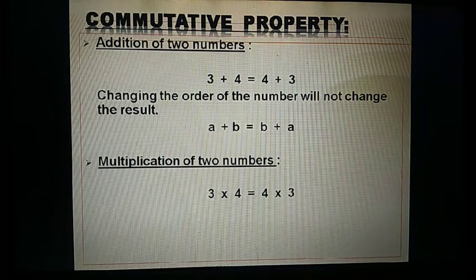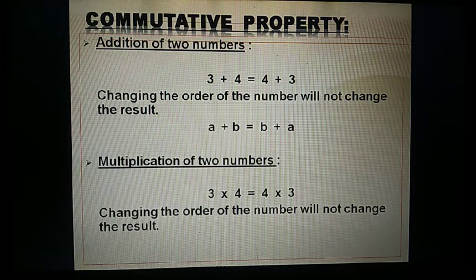In both cases, you will get the same answer. Again, changing the order of the numbers will not change the result. Expressing the same using variables in a general way, here again we will use two variables as there are two values. Let them be A and B. You will write the property in a general way as A into B equals B into A.